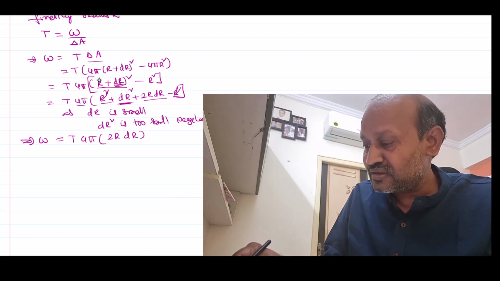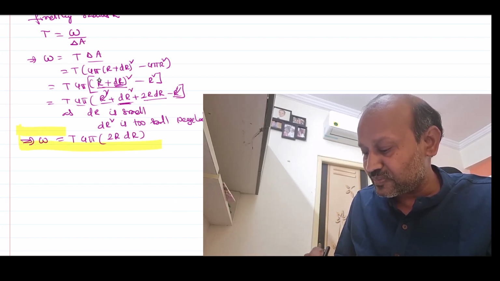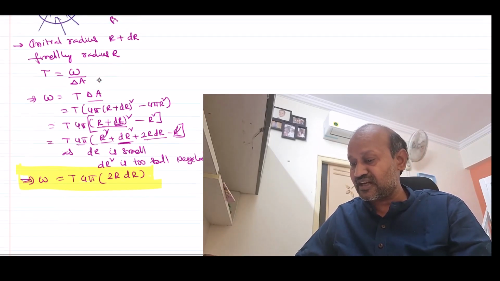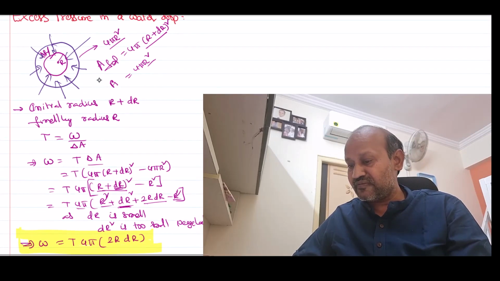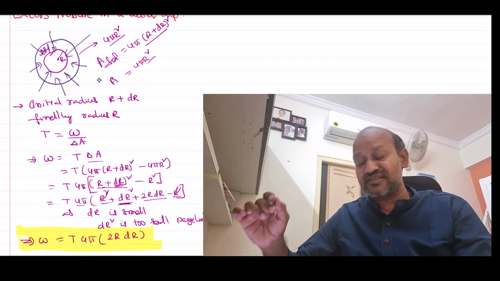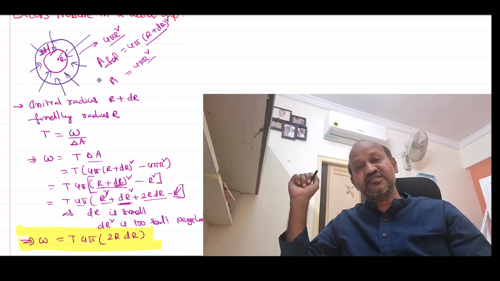So that is one important expression that we have made. Let me tell you once again what we are trying to do here, what I have derived first. I said because of the surface tension, liquids always tend to acquire a minimum surface area.